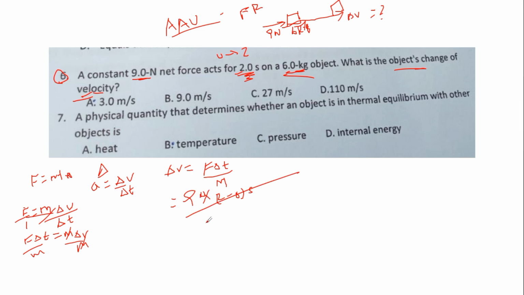Over mass, which is 6 kilogram. Then 2 times 9 is 18, over 6. 18 over 6.